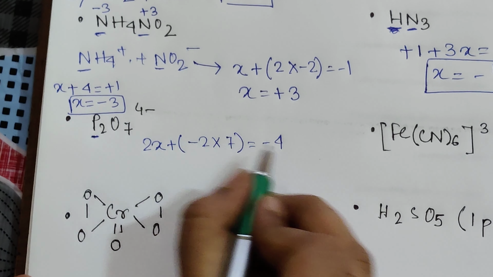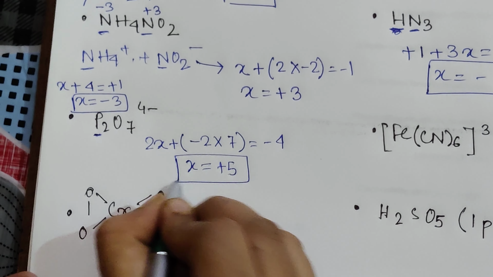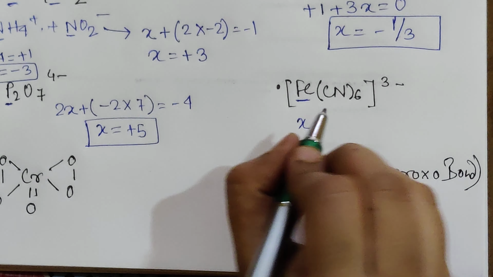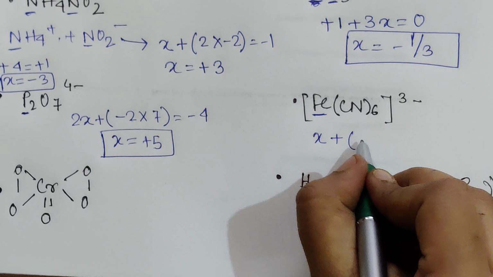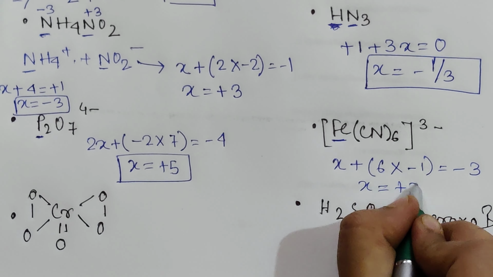So 14 goes there and it is 10, so x equals +5. And here, we know CN is -1, so the charge of the radical is 6 into -1, equal to -3, so x equals +3.